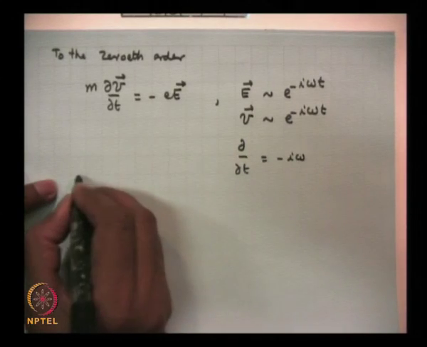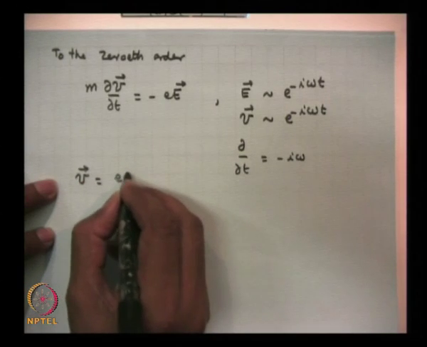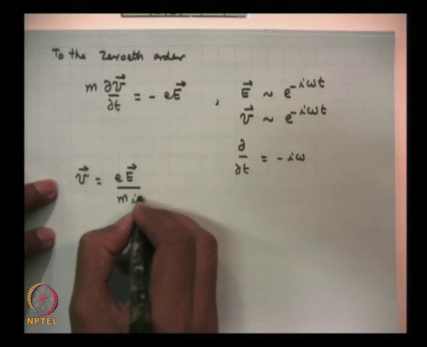Put this in here, you will get the velocity of the electron is equal to eE upon miω.